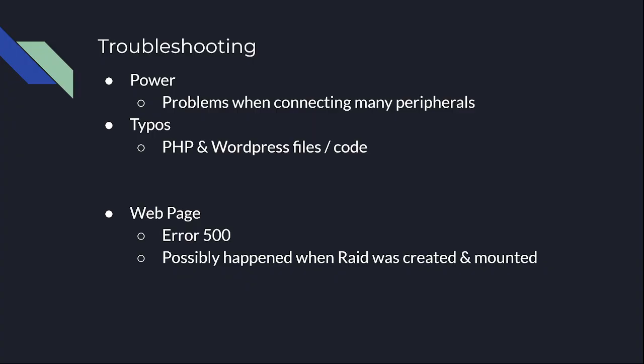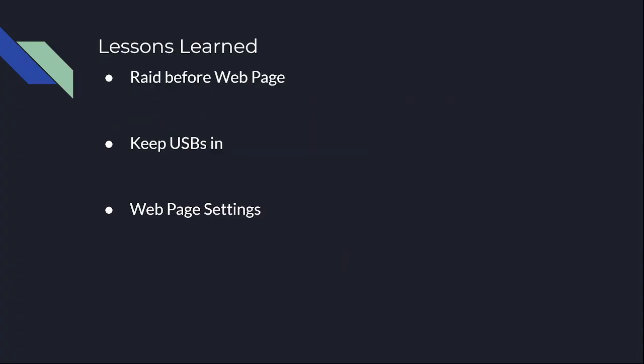I think it's possible that when I made the RAID volume, because I mounted it onto var/www/html, that might have caused some problems in accessing the PHP files. And also, it's possible that WordPress or one of the other software systems might have just needed an update or something that meant the web page wasn't actually working correctly.